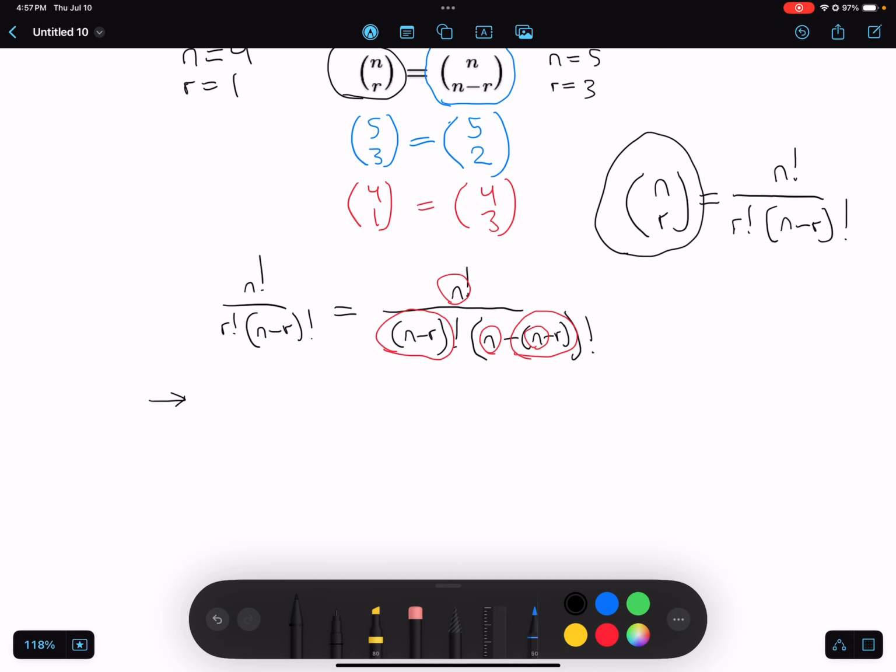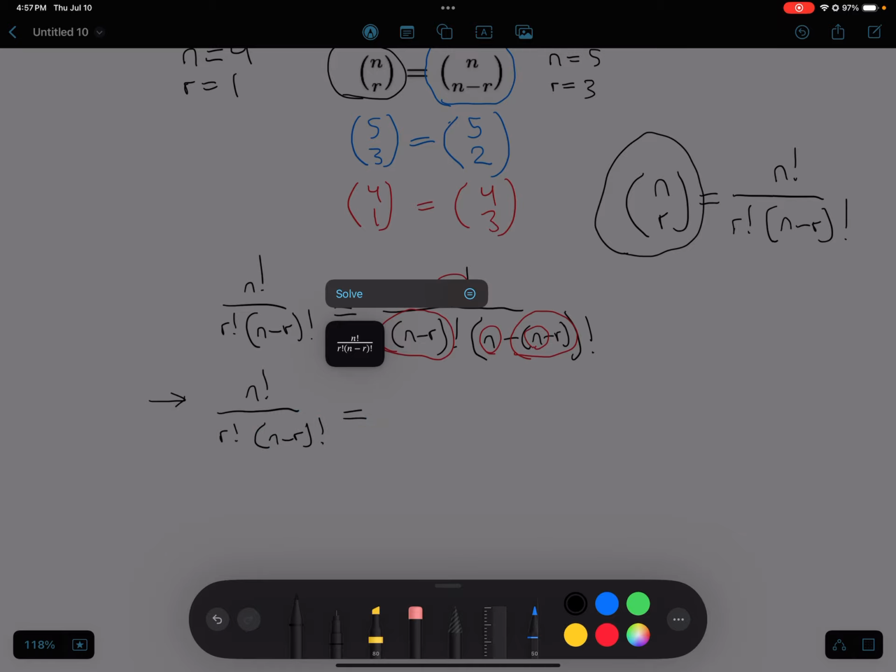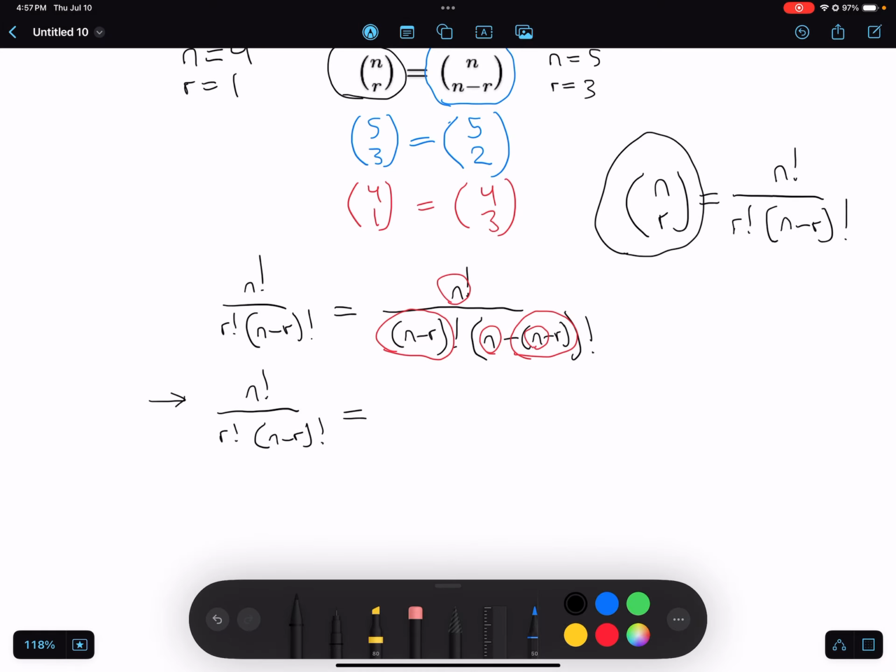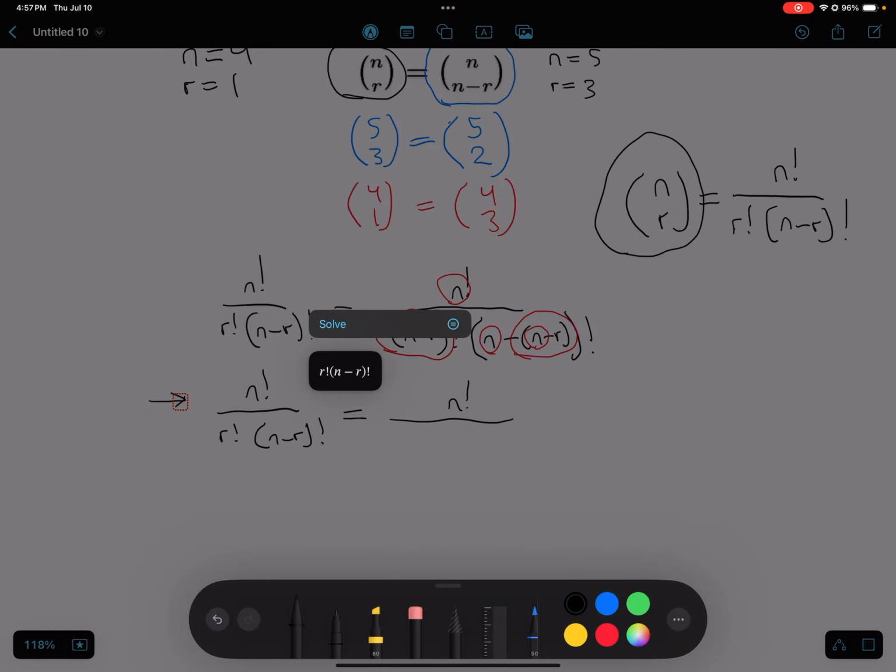So on the left side, we're pretty much simplified down as far as we can go. We can't go any further. No more like terms to combine, or we don't need to. Now on the right side, though, we can do some simplification here. So we have this n minus r factorial. It's still going to be n factorial on top, because that's the only thing over there.